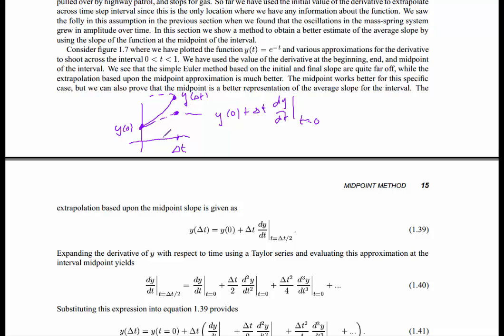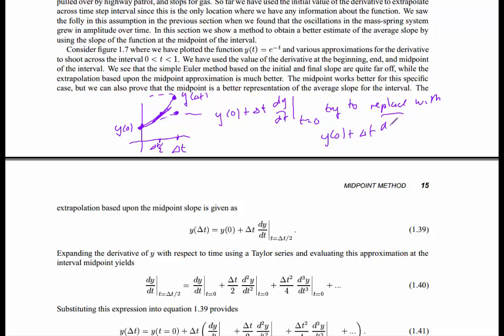A better approximation would be if you knew the derivative here, if you knew the slope here. Now the slope here is a much better approximation of the slope from y of 0 to y of delta t. So what you'd rather do is replace with y of 0 plus delta t.